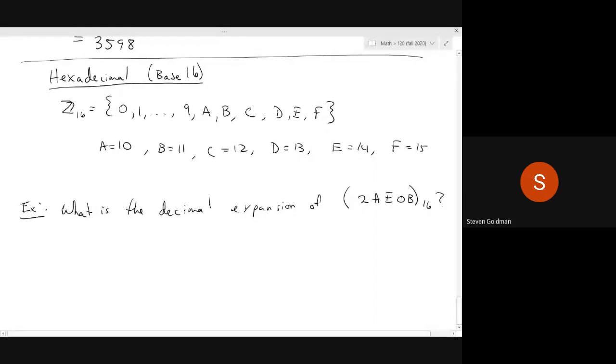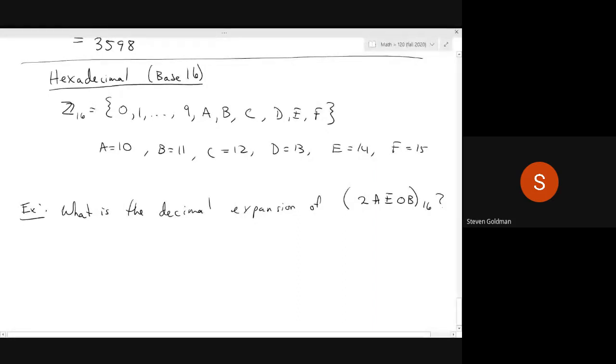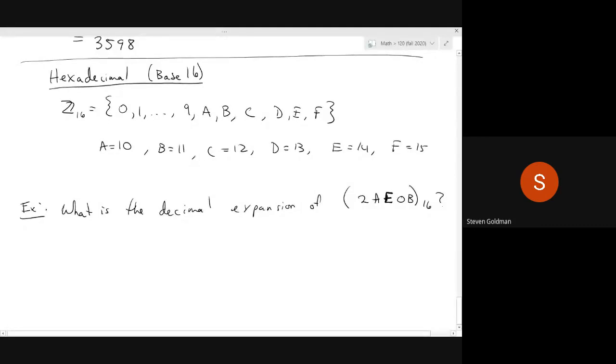So here is a number written in base 16, 2AE0B. That's a number, it's some integer, and I've written it out in base 16. We want to convert it. It's almost like we're translating from one language to another. We want to convert it from base 16 to decimal. So how do we do that?